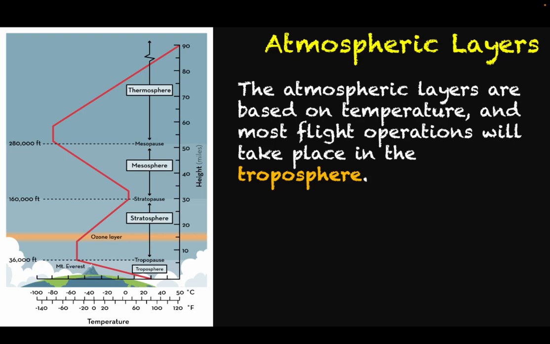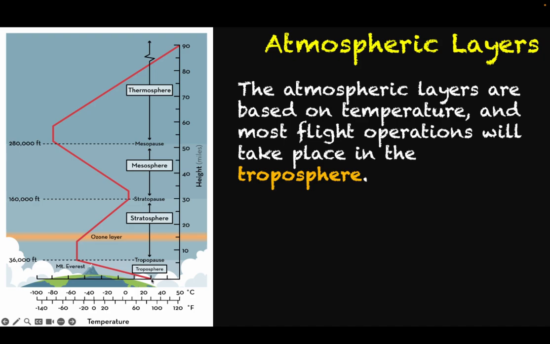If we start looking at the atmospheric layers, they are defined based on temperature, and most flight operations take place in the lowest part of the atmosphere, called the troposphere. Down around sea level, the temperature depends on the climate.